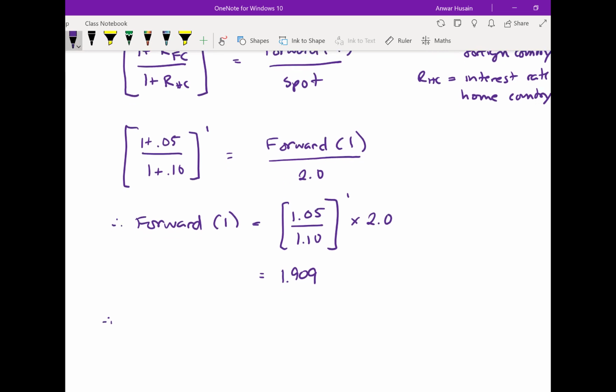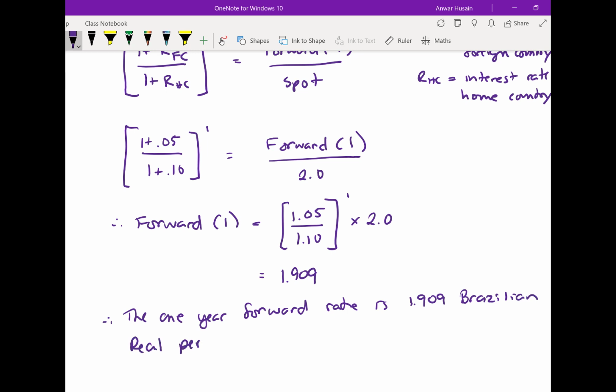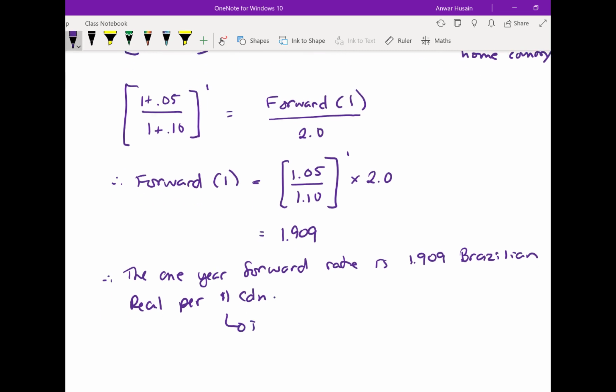So therefore, I can conclude that the 1 year forward rate is 1.909 Brazilian real per $1 Canadian. Okay, and that is if interest rate parity holds.